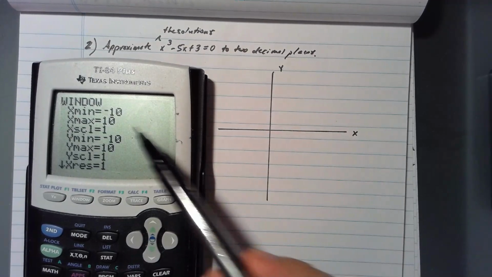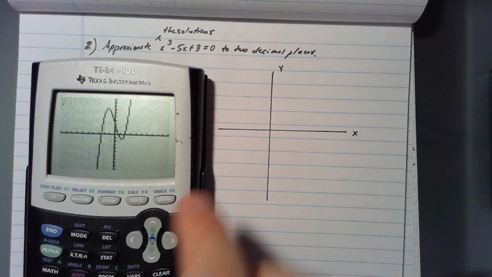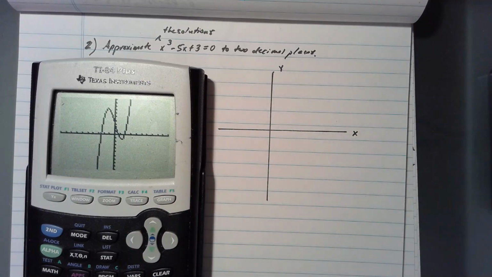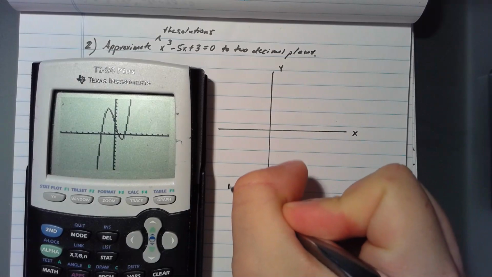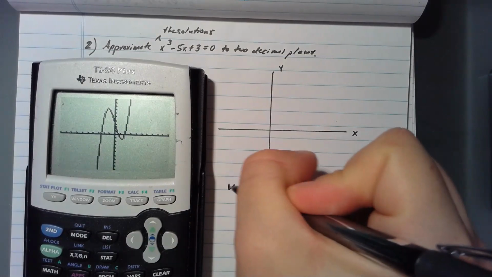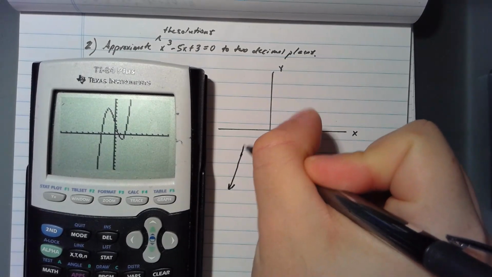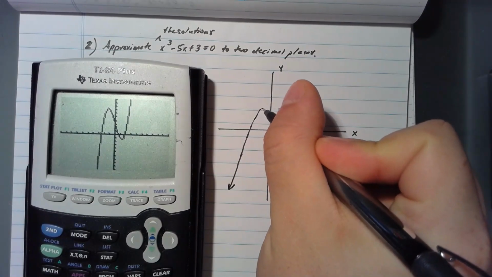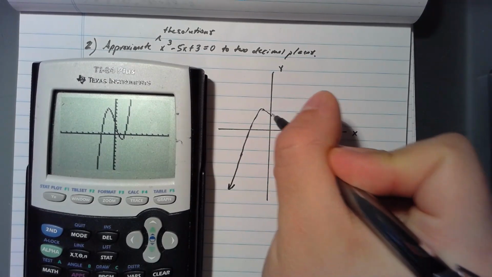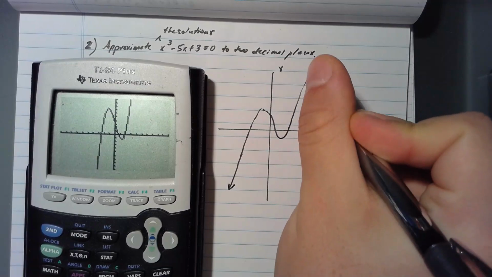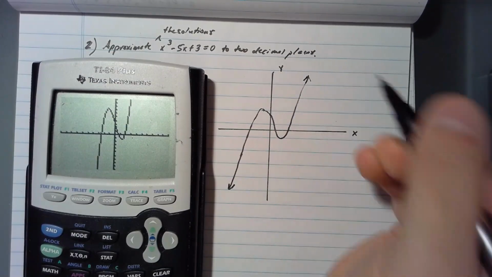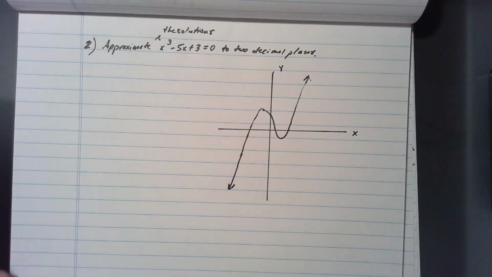Sometimes you have to play around with that just to get the nicest possible view, but my graph looks something like this. So this is a polynomial equation, but our graph looks something like that.